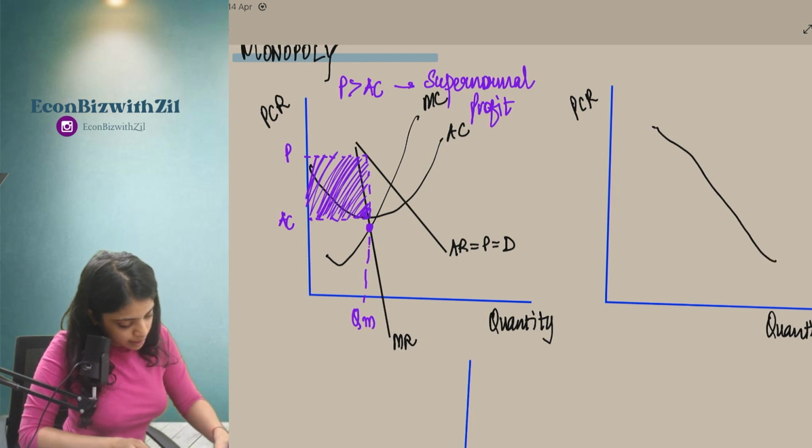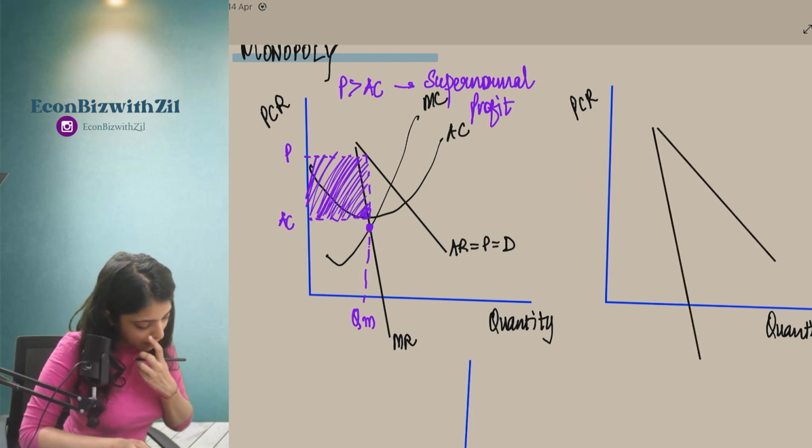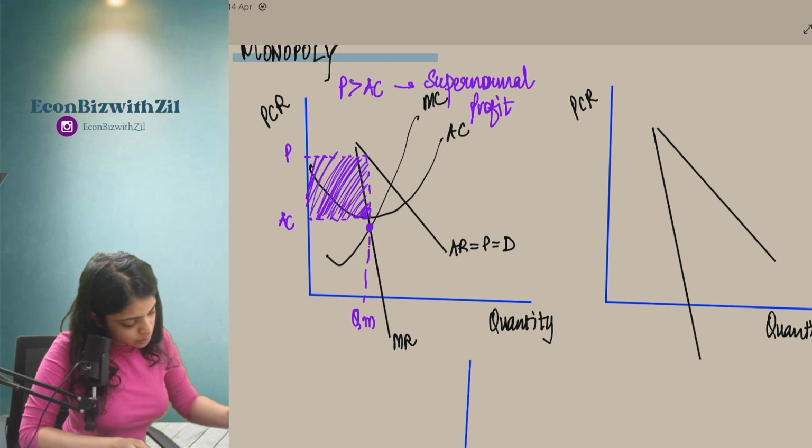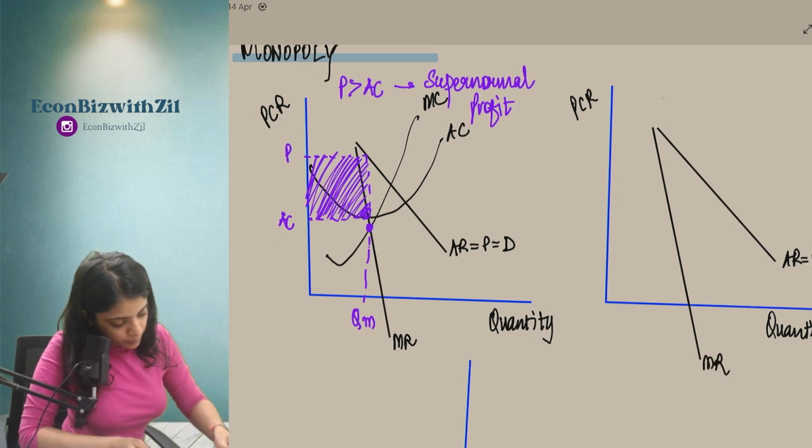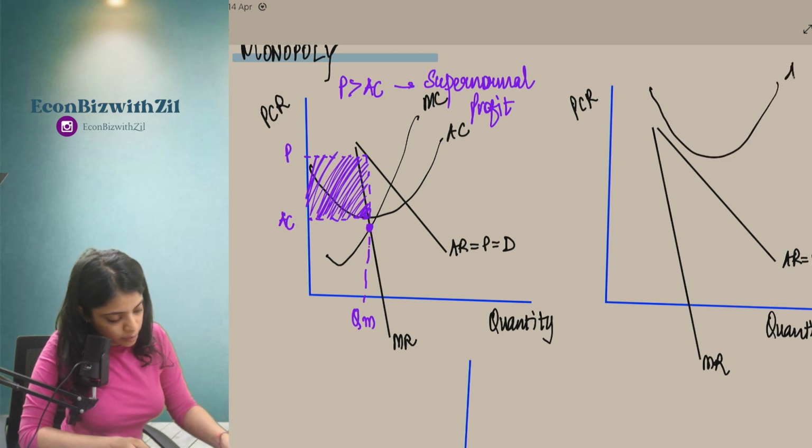This is it. Perfect. So this is AR equals to P equals to D. This is my MR. My AC, I will draw it above because I'm showing a loss. And my MC is here.